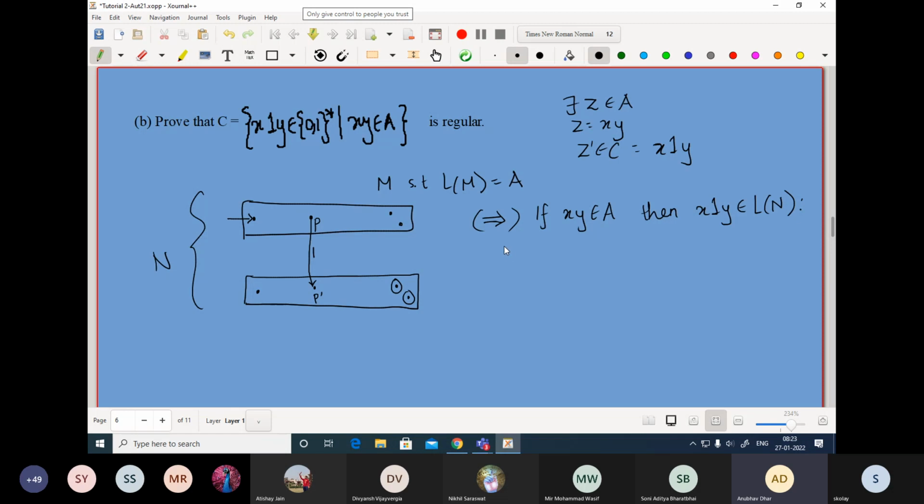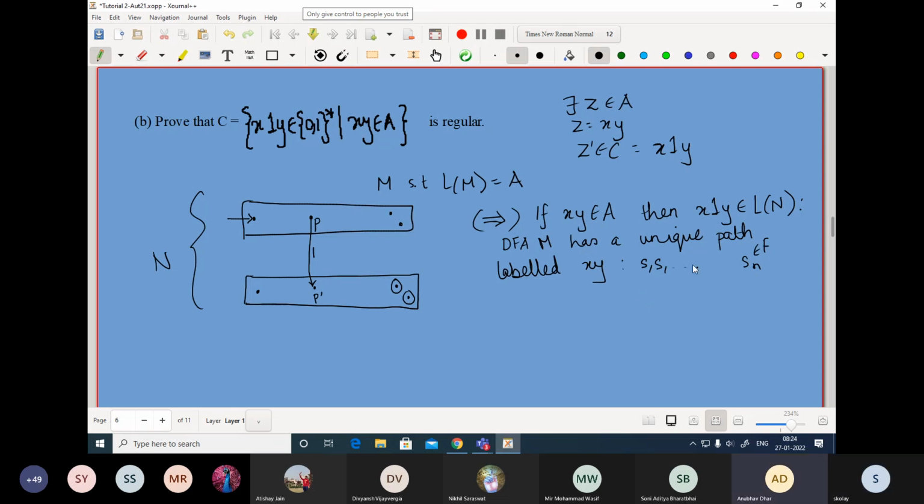So let's say in the DFA M, the path that corresponds to x is S0, S1 up to SM. Sorry, 1 minute. Unique path labeled xy. So let's call it S0, S1 up to SN. SN belongs to the final states. Okay?